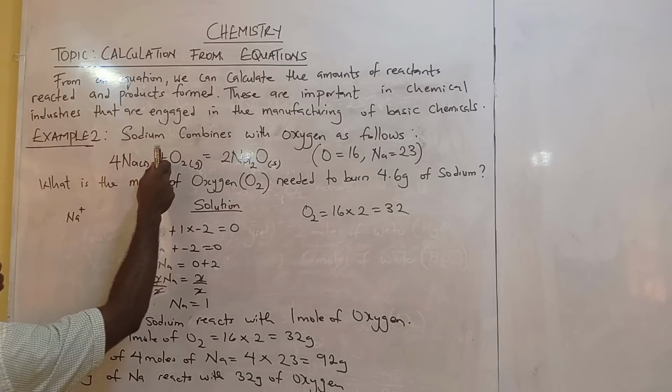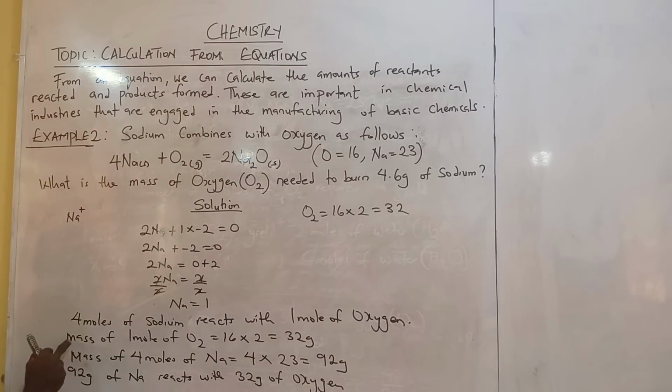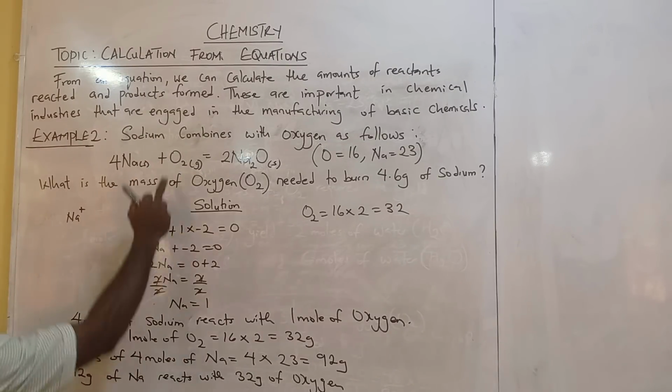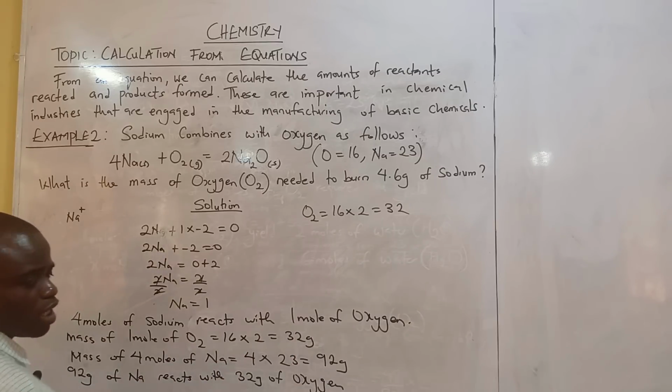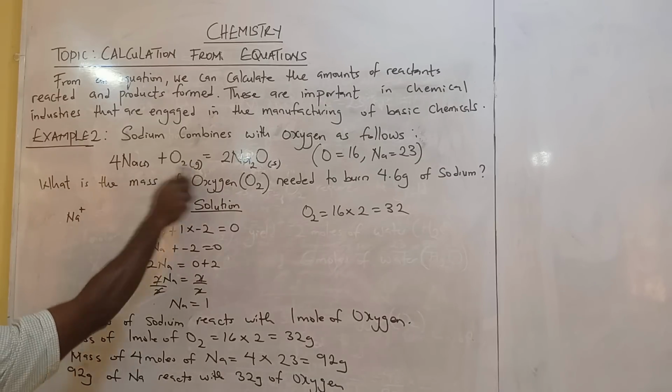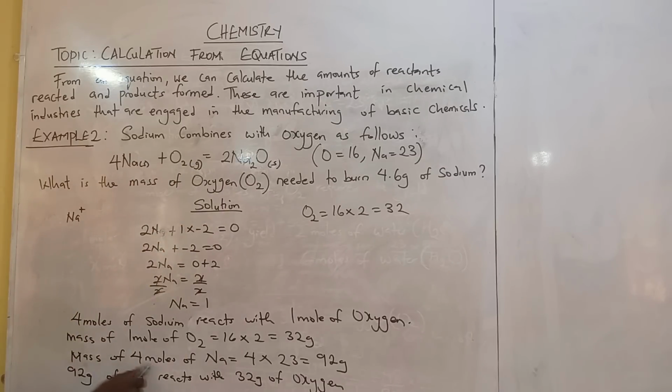Now the mass of 1 oxygen is 16. You have 2 of them, times 2, so you have 32 gram. You have to look at your equation of reaction, and the mass of 4 moles.